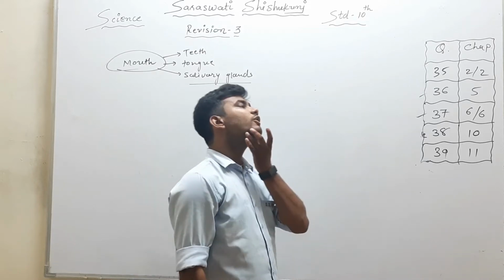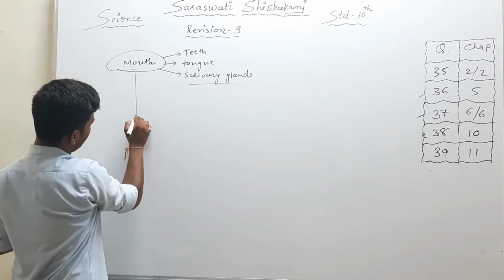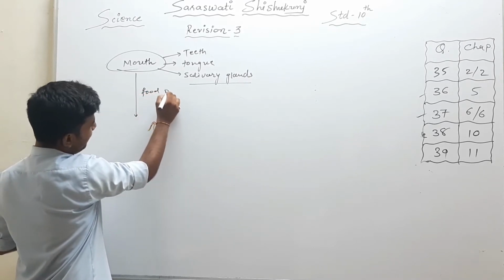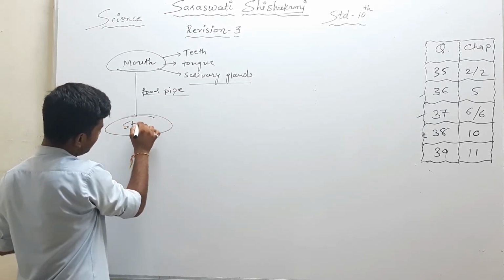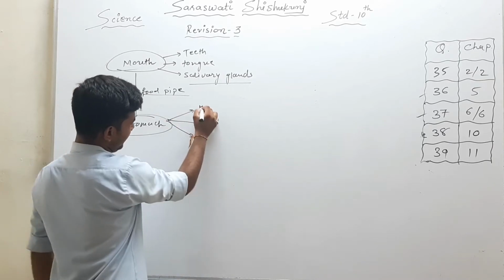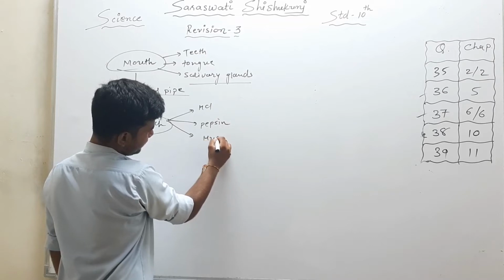After that the food will go through the esophagus, or the food pipe. We can call it food pipe or esophagus. It will go to the stomach. In the stomach there will be secretion of HCl, pepsin, and mucus.